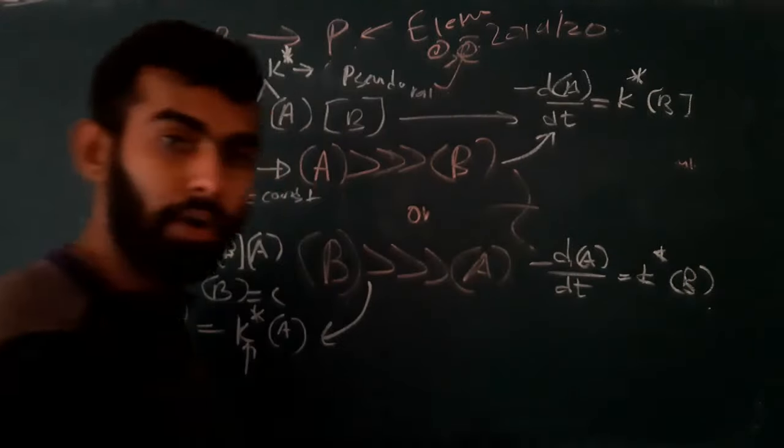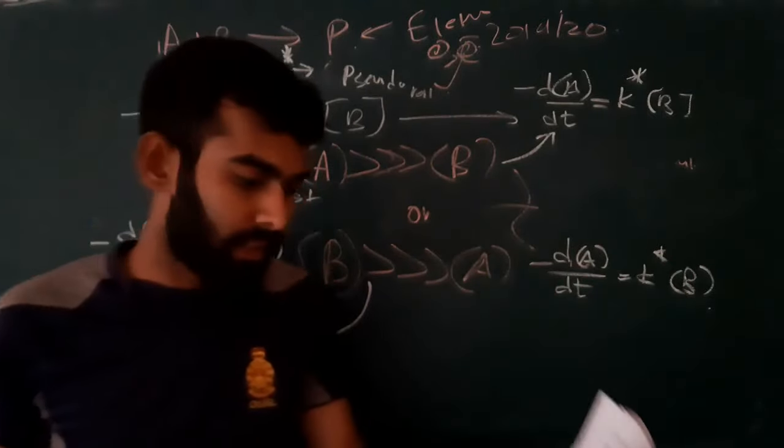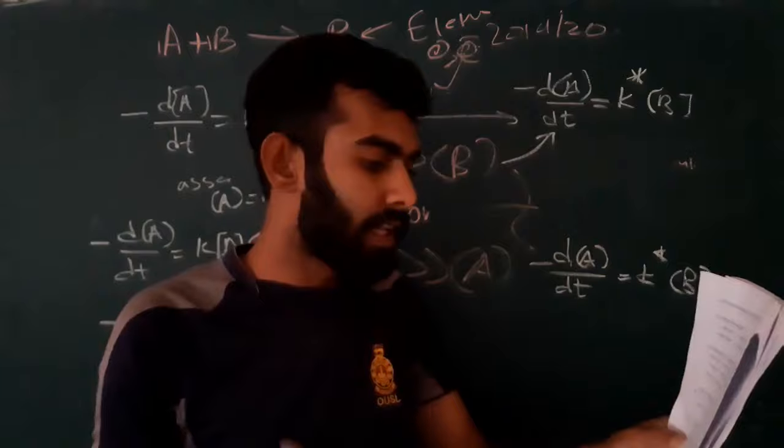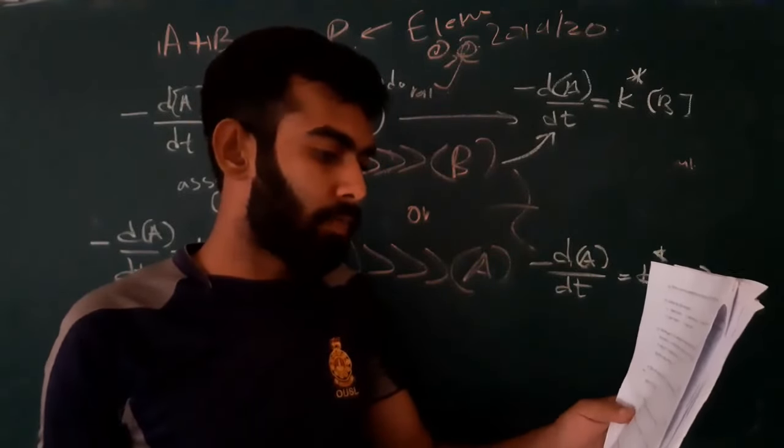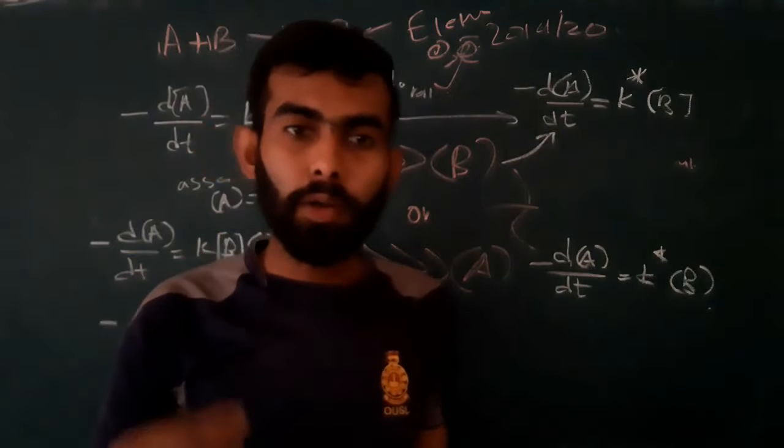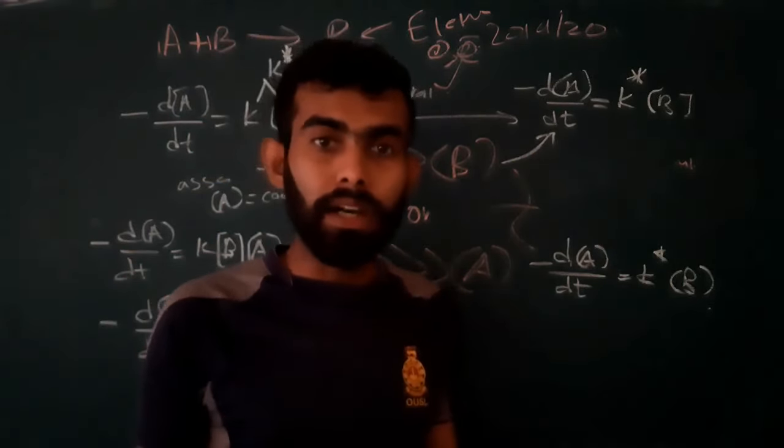So we don't have to write down these expressions. They ask under what conditions the elementary reaction A plus B giving products could be made pseudo first order. So we have to write it in words.